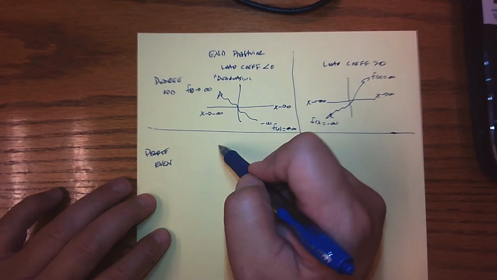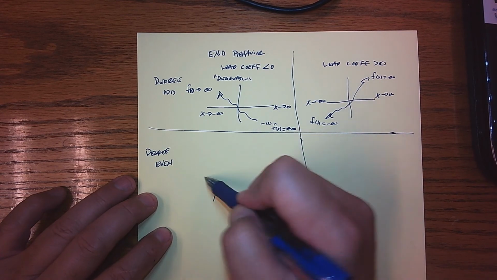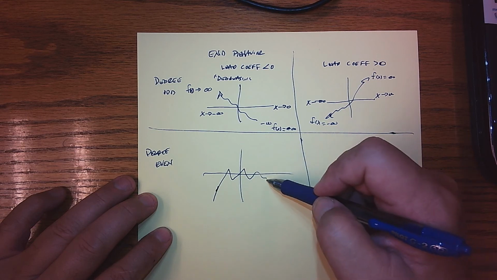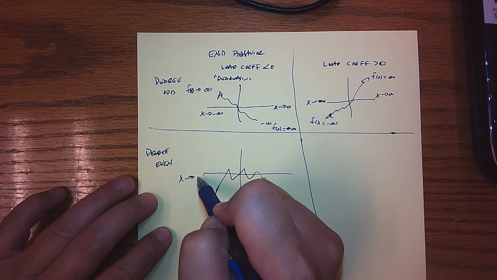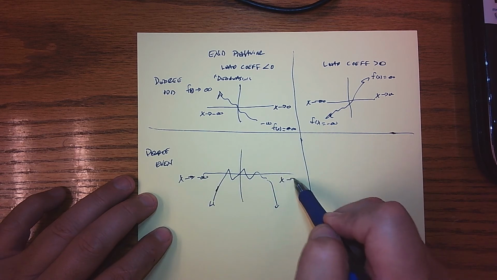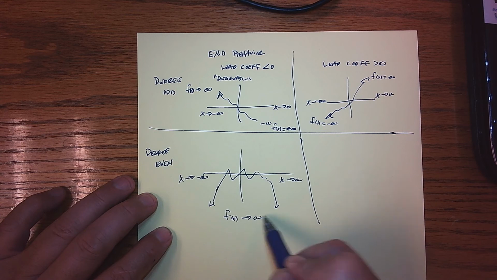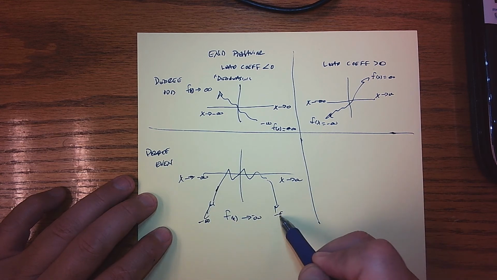So this means then if our leading coefficient is negative, then our function, so here's our x and our y, it might have all these waves and stuff, but eventually as x goes to negative infinity or as x goes to positive infinity, f of x goes to negative infinity in both directions. So negative infinity and negative infinity.